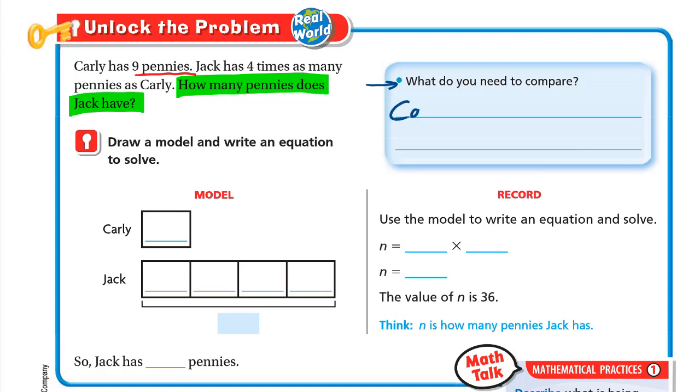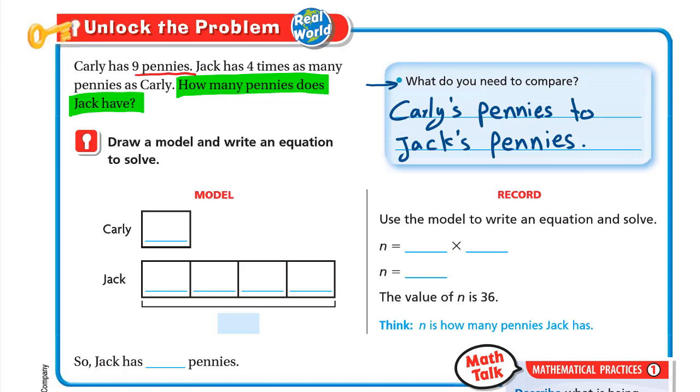So it's Carly's pennies to Jack's pennies. Okay, so here draw a model and write an equation to solve.